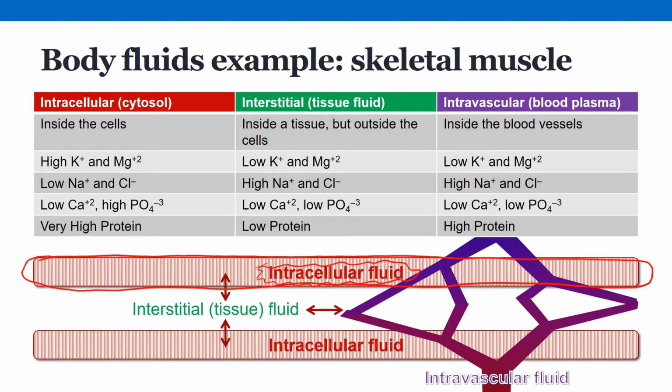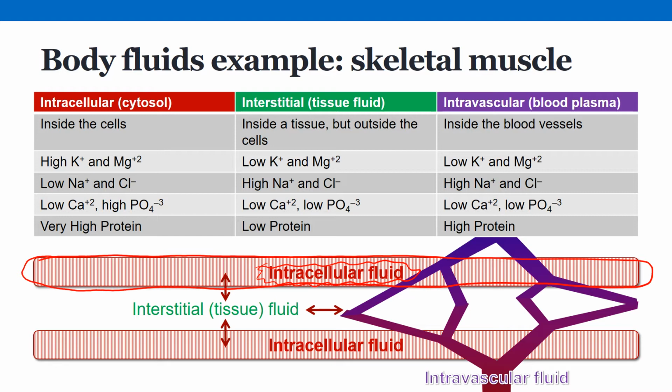It's got low calcium intracellularly, except during a muscle contraction. It's got high phosphate because that's needed to make ATP. And muscle cells, like most cells, are very high in protein because proteins do most of the work of a cell. It's not too much of an exaggeration to say that everything a cell does is done by a protein.